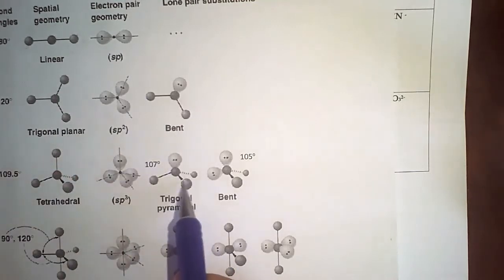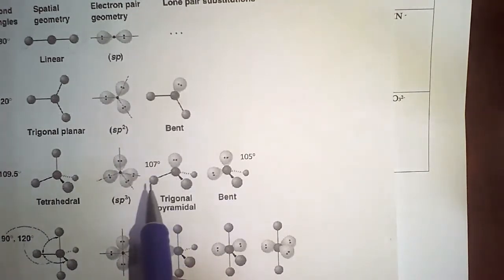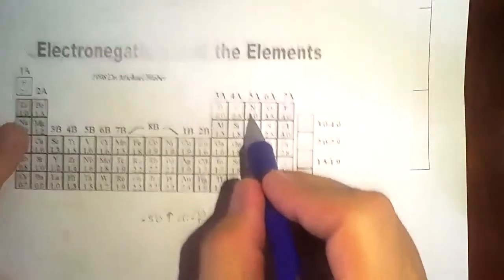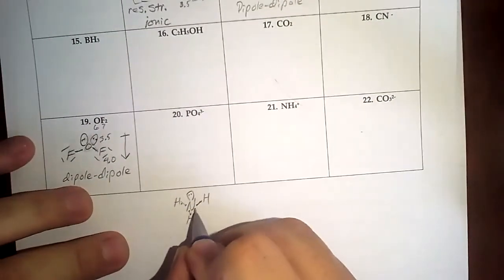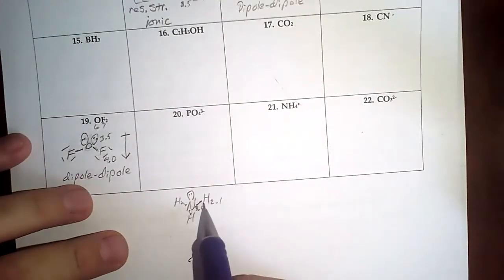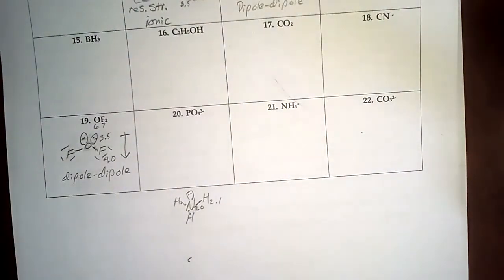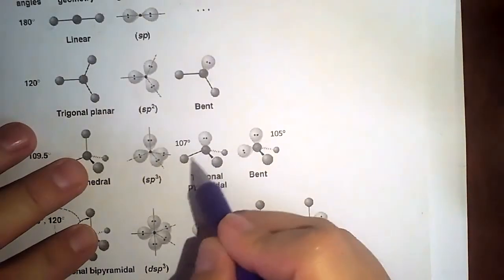So the question is, how different is N from H on this? N is 3.0, H is 2.1. And if you want, you could put 3.0, 2.1. So everything in the bonds will be flowing toward the N, which, back here, means in this view, they would be flowing sort of up-ish.